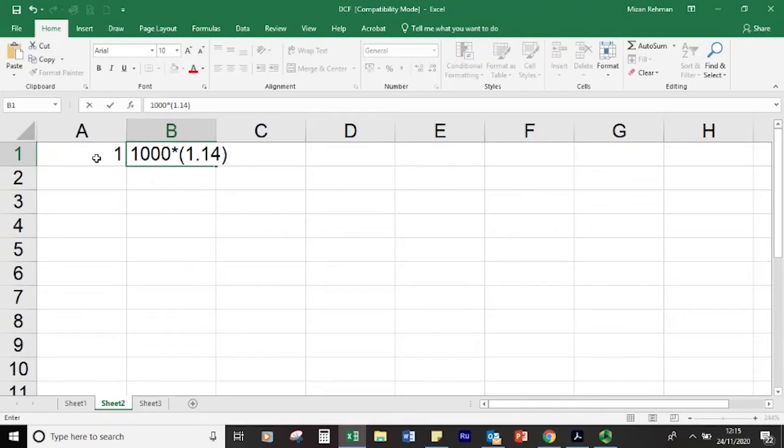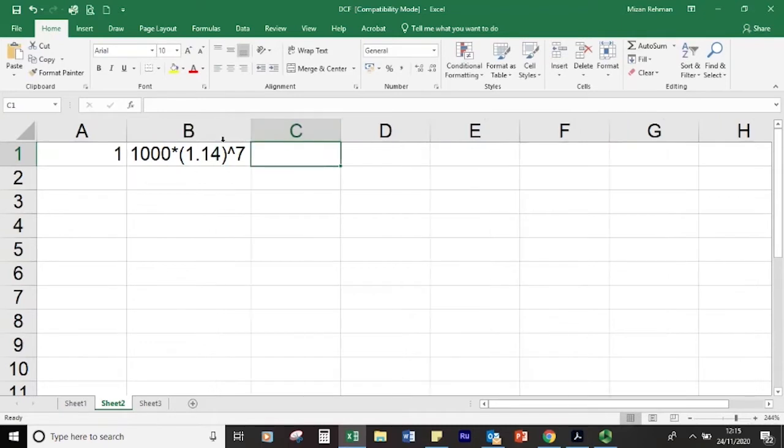Now what's going to happen, every year we're going to get some interest on that. So what we do, we power the brackets by the number of years, and in this case it's 7. Basically we are going to get the compound interest on this amount for 7 years. So let's see what we get.